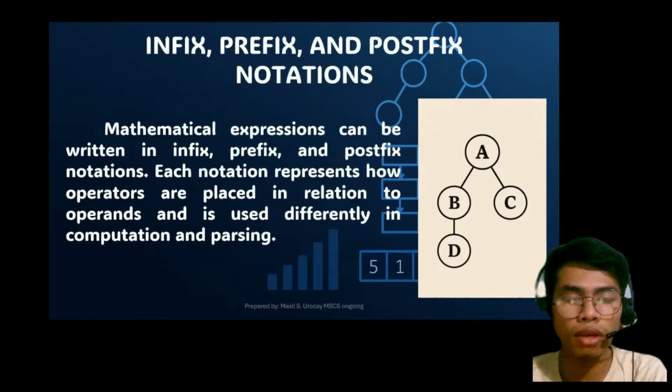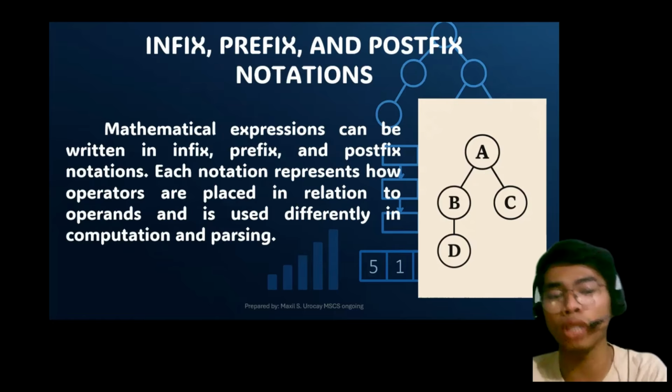When we say infix and those notations, those are mathematical expressions, and those operations can be written in infix, prefix, and postfix notation. Each notation represents how operators are placed in relation to operands, and is used differently in computations and parsing.